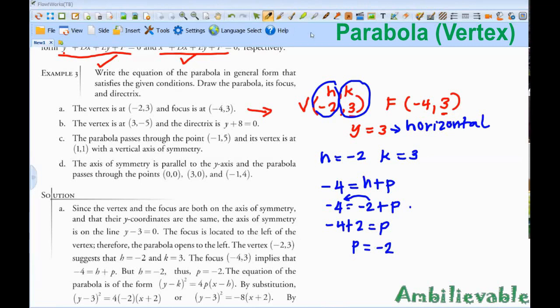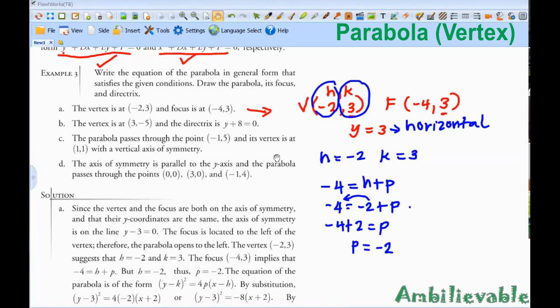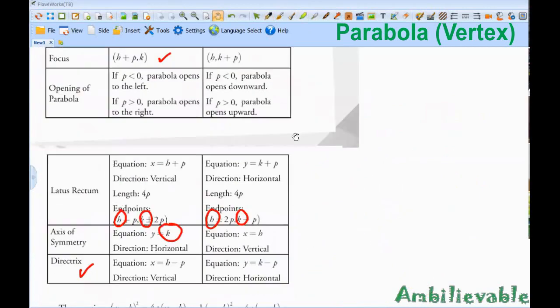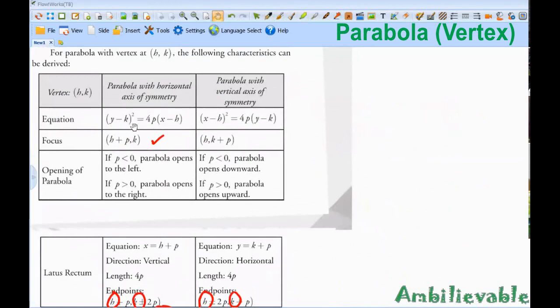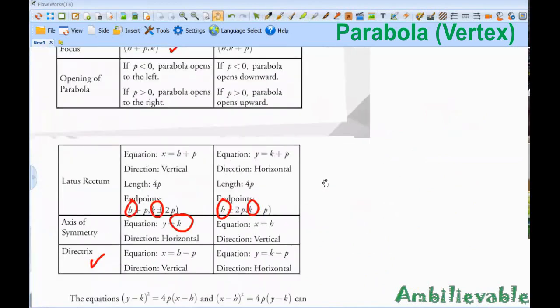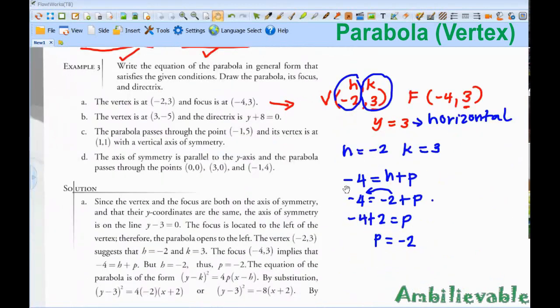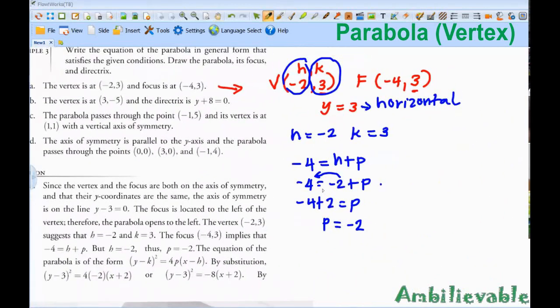What is our equation when it is horizontal? Let's go back to the table. We have the formula (y minus k) squared equals 4p times (x minus h). Let us rewrite the formula: (y minus k) squared equals 4p (x minus h).